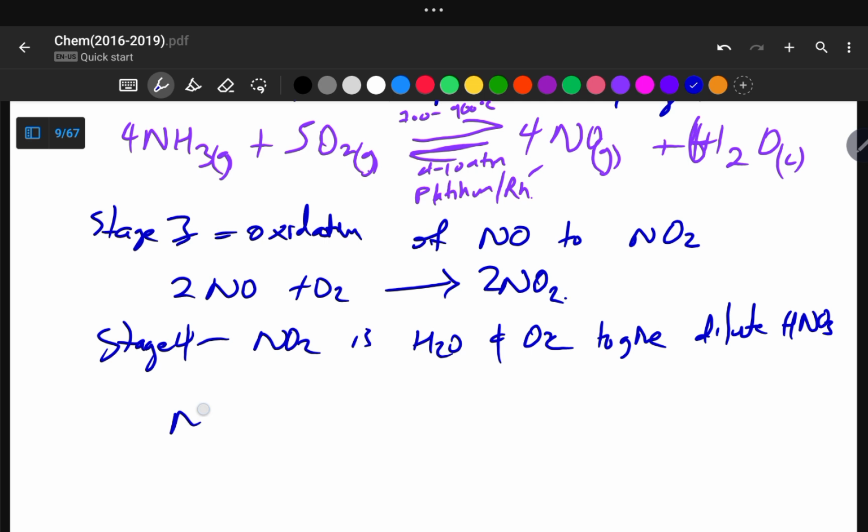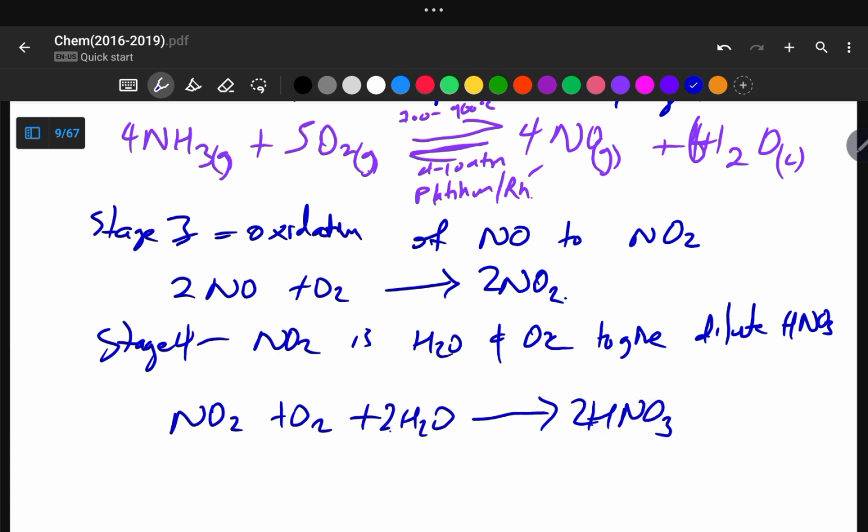So this is the equation, NO2 plus O2 plus H2O to give HNO3. 2 here, then 2 here, and then 2 here, right?